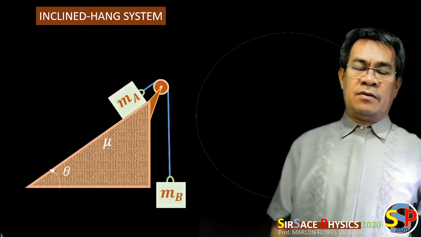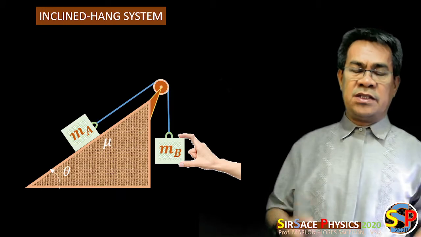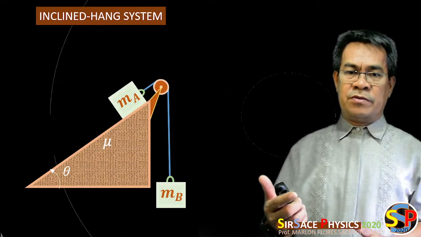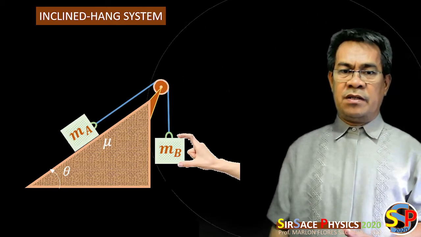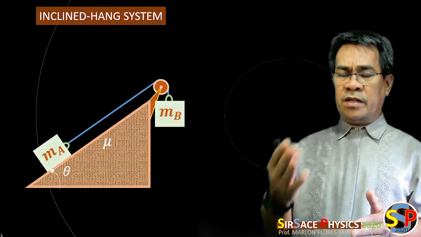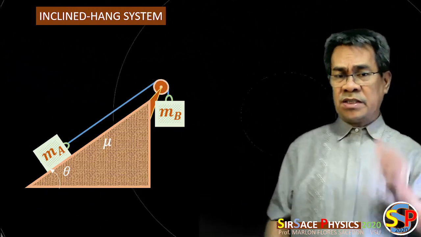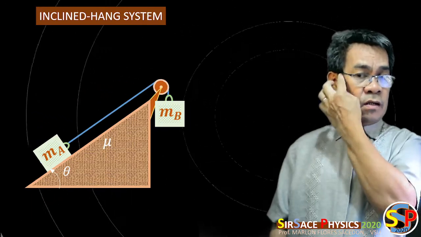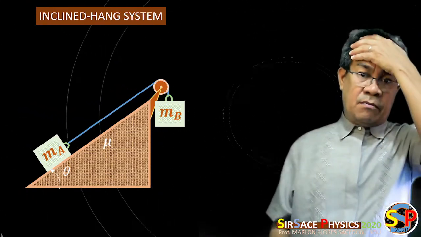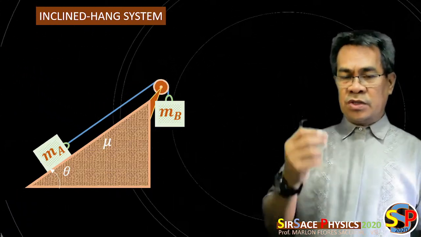Now, if you release the support of the system, there is a tendency that the particles will move. A will move up, or maybe move down the plane. It depends upon the relationship between A and B, the masses of A and B, and also the friction, and also the angle.